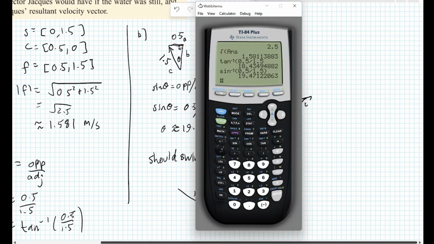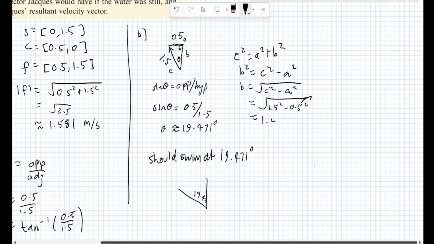Let's work it out. 1.414. Actual forward speed is 1.414 meters per second. So that's how fast they go forward there.